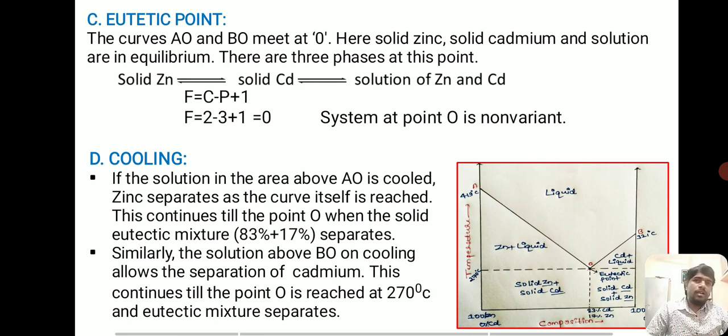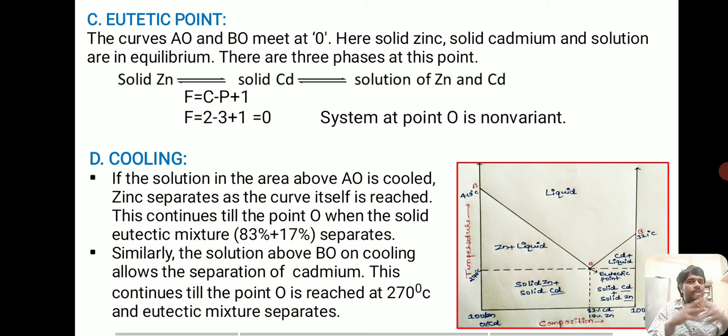So coming to the cooling effect here. See, if the solution in the area above AO is cooled, zinc separates as the curve itself is reached. Zinc is separating here. This continues till the point O, when the solid eutectic mixture, that is 83% and 17%, separates.